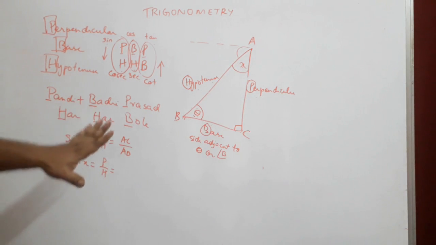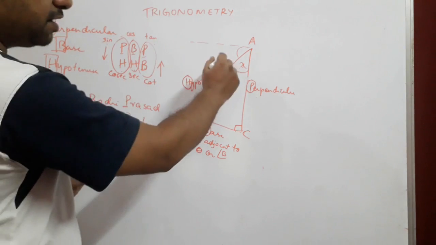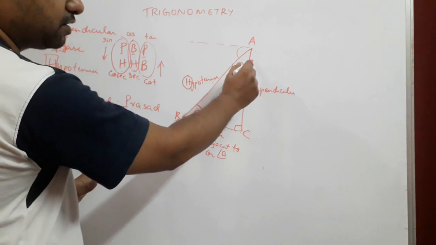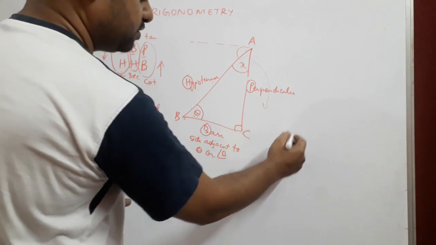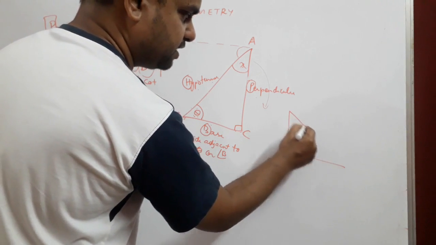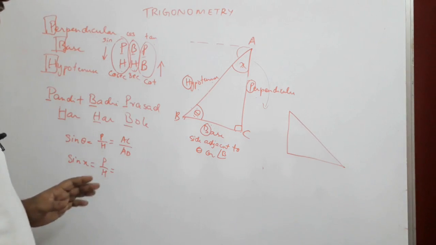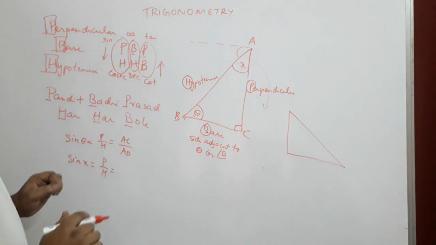To make it easier, what I'll do is, I'll just turn this entire triangle clockwise, okay, and draw it again. So when I do that, the triangle will look something like this. All I did was I tilted it this way, fine.